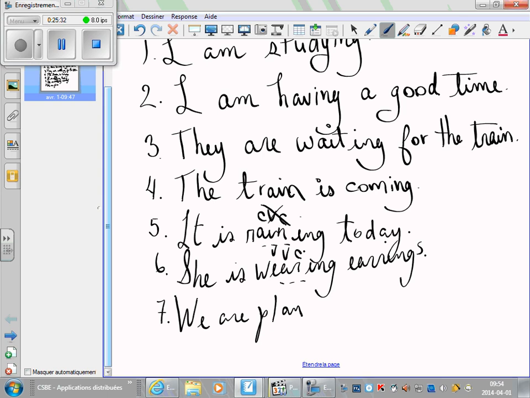Because CVC, the three last letters, you have L, which is a consonant, A, which is a vowel, and N, which is another consonant. And how many vowels do you have in the verb plan? One vowel. So it works. Planning. So we are planning our work.